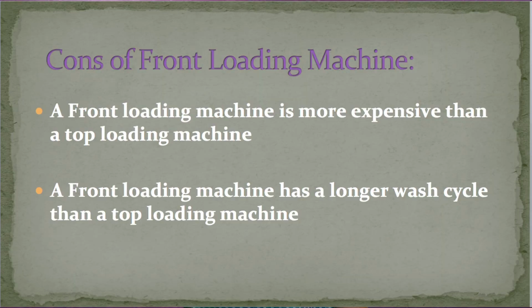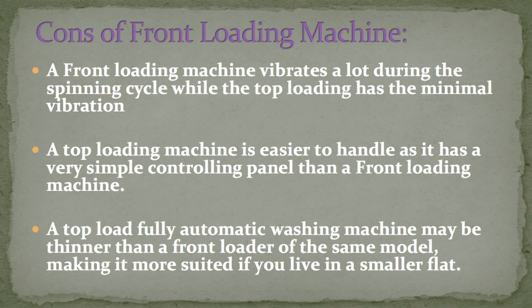The points are: a front-loading machine is more expensive than a top-loading machine. Second, a front-loading machine has a longer wash cycle than a top-loading machine. Third point, a front-loading machine vibrates a lot during the spinning cycle, while the top-loading has minimal vibration.